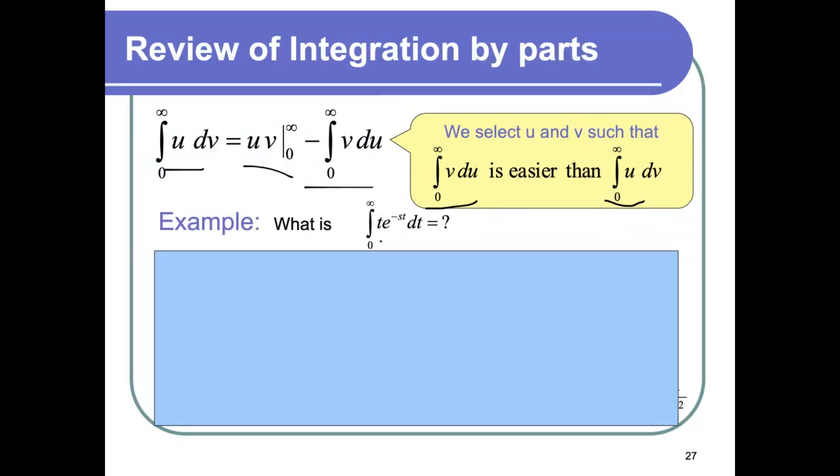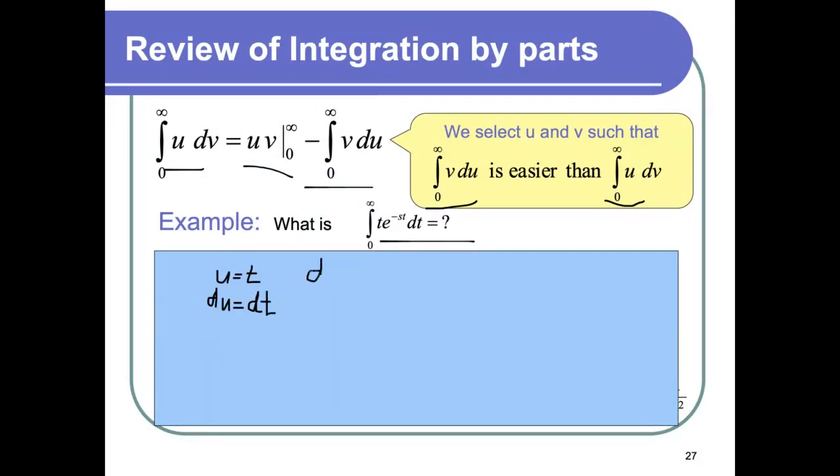So if I want to apply this, what happens? If I have t e to the power of minus st dt, I can let u be t, then du is what? It's dt.